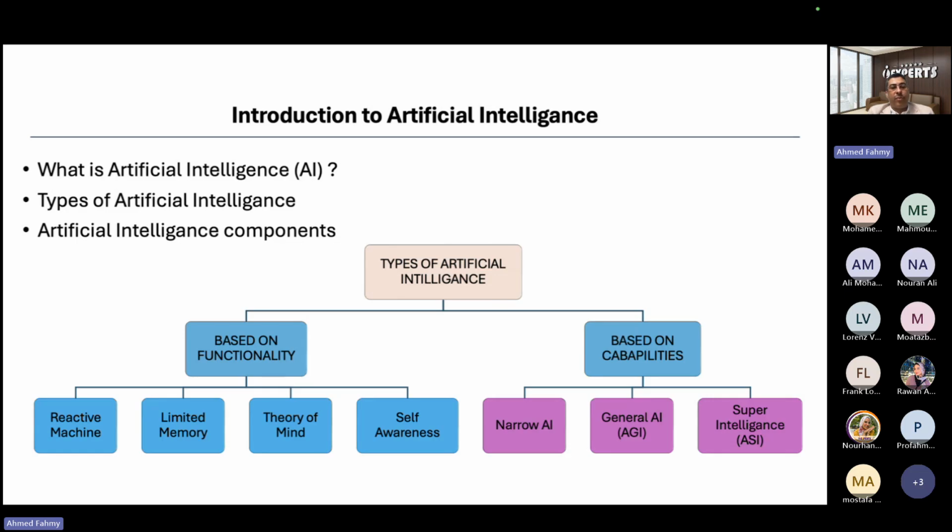These are the theory of mind or self-awareness machines, which come with some human emotional features, like what some robotics are trying to mimic right now related to human behaviors, for instance having feelings, laughing, maybe sending a sad face for a specific situation, and so on and so forth. It's still conceptual, not yet realized nor commercialized, but these are the different available AI systems from a functionality point of view.